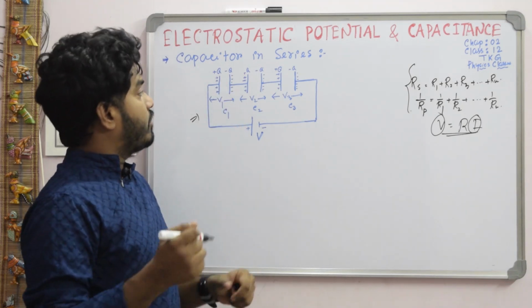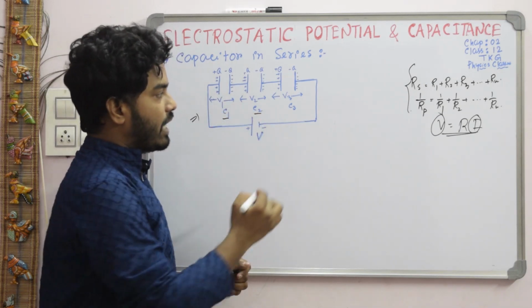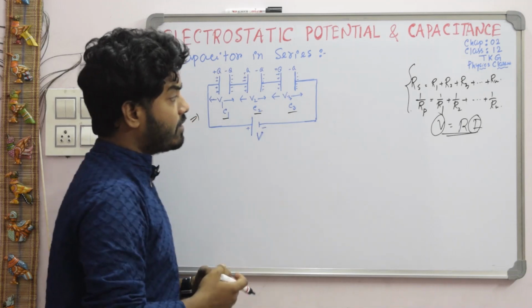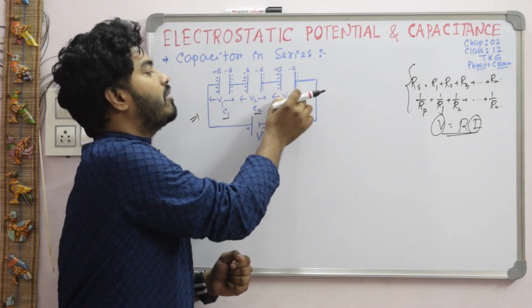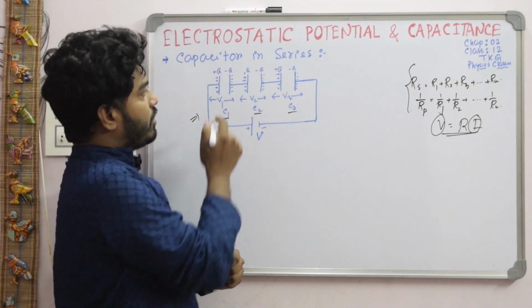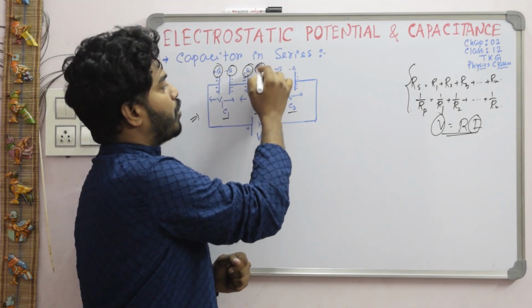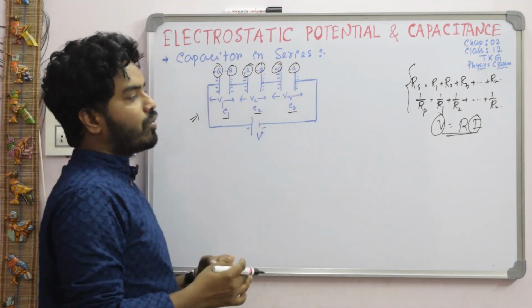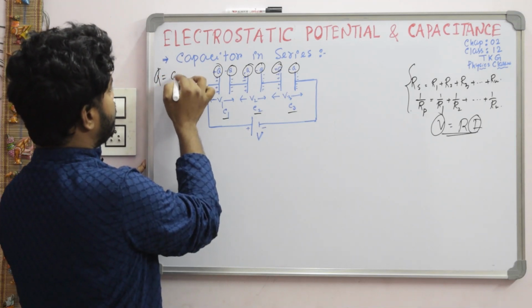Now for the first capacitor, capacitance C1, second capacitor, capacitance C2, and third capacitor, capacitance C3, and the corresponding potentials are V1, V2 and V3. So for series combination, we see one thing, the charge is equal, and we use the basic formula Q is equal to CV.